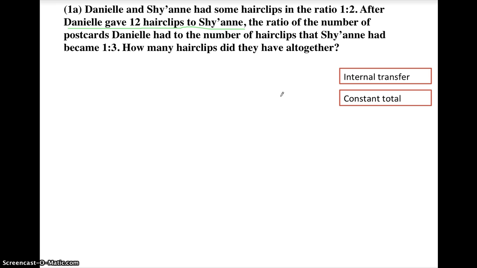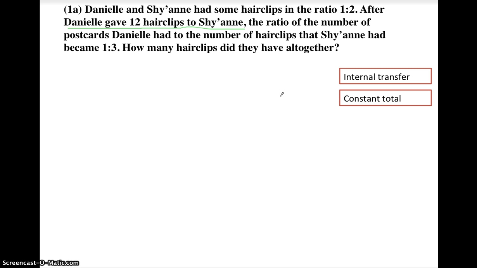This phrase tells us that the question involves internal transfer. And we have learned before that when a question involves internal transfer, the total is constant. And that simply means that the total in the beginning and the total in the end remains the same.